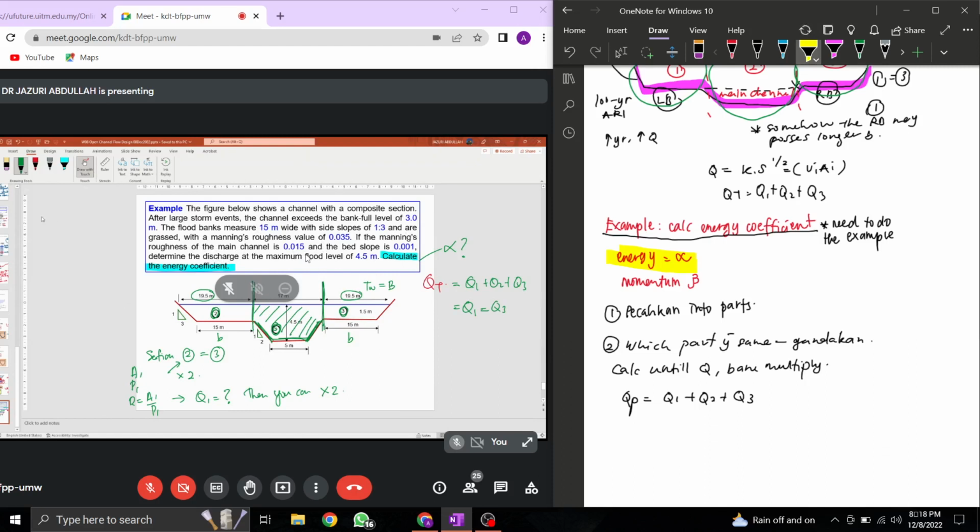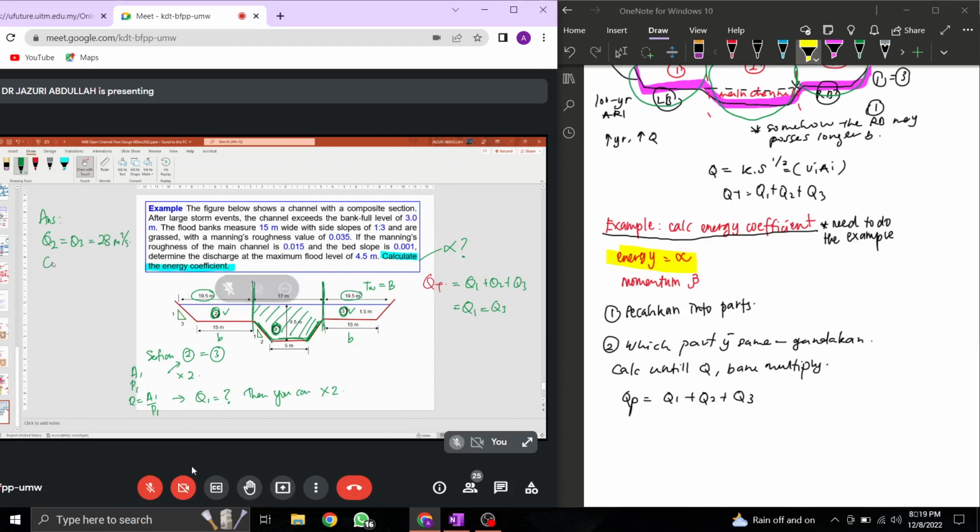Boleh faham ke? Saya bagi sikit dekat sini. Q1 equal to Q3. So equal to, oh not Q1, Q3, sorry. Q2. Okay, so Q1, Q3. So equal to 28 meter cube per second.